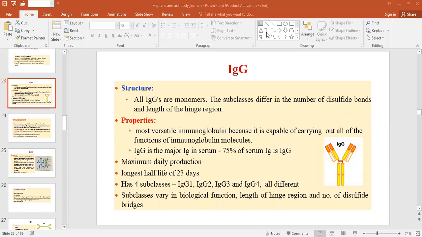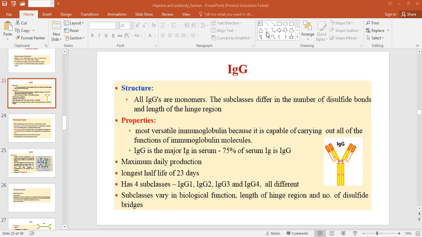In serum, 75% of the immunoglobulins are IgG, and it has the maximum daily production among all other types of immunoglobulins, and its half life is the longest one. It is 23 days.